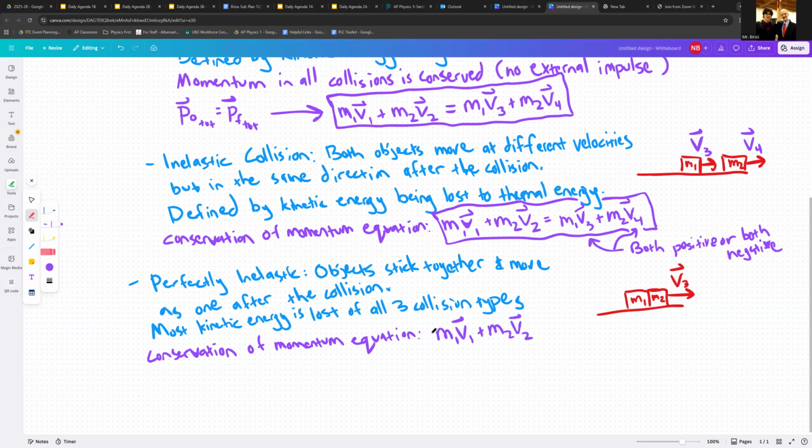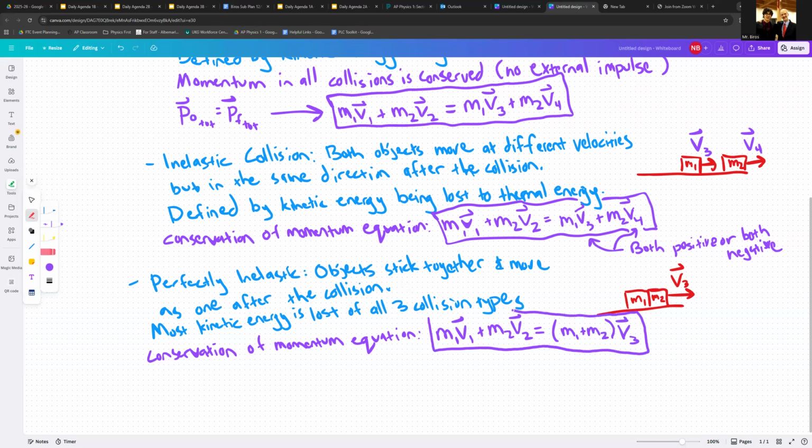Now, after the collision, we're going to do mass times velocity, but now we have one combined mass, with the two objects stuck together and treated like one object moving to the right. So the combined mass is m1 plus m2, and we take all of that mass times the velocity of that mass, v3. That's just a simplified, easier way to write the final momentum because they are combined together.